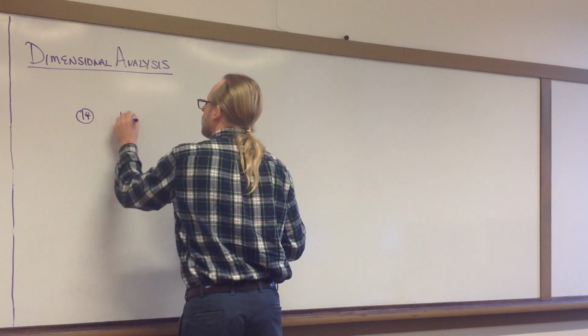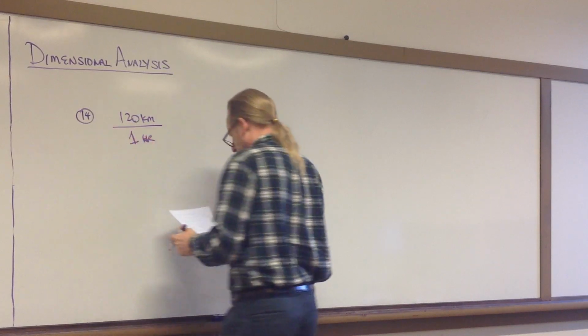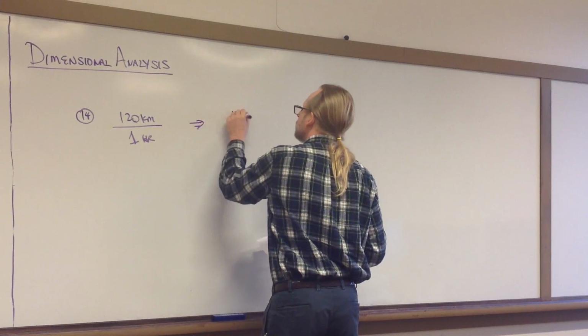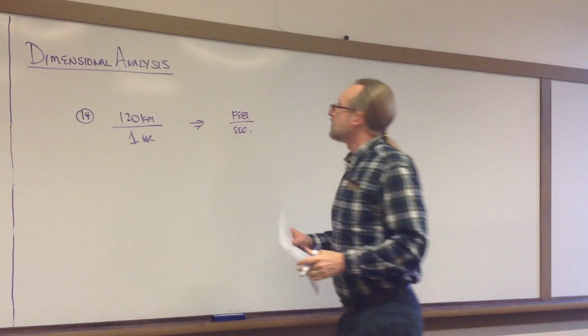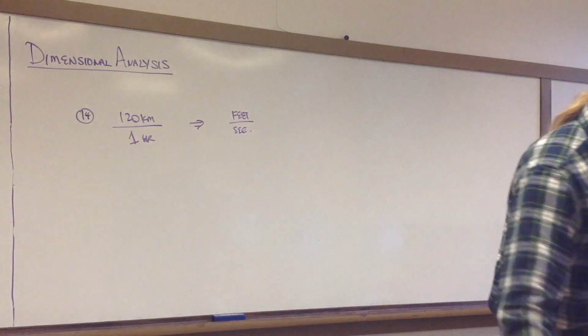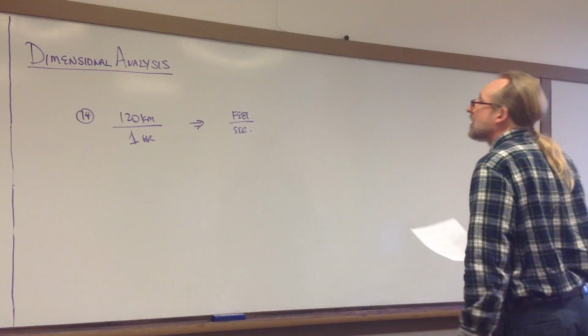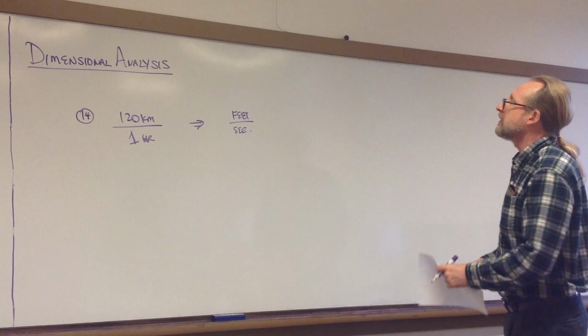We want to convert 120 kilometers per hour into feet per second. Okay, so let's see here. To go from kilometers to feet, I'm going to use this: 1 meter is 3.28 feet.